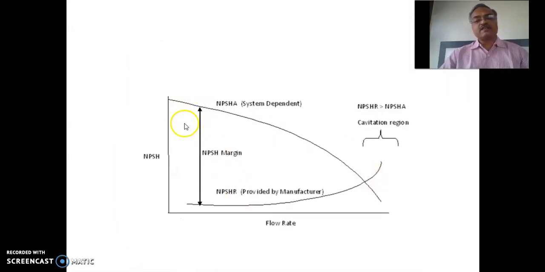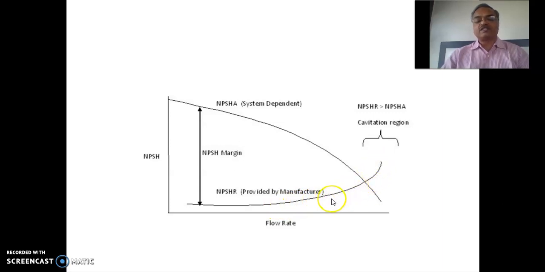This graph shows that we need to be in this region. If we cross this region, if we go beyond this point, then we land up in the region of cavitation. As you can see here, this graph indicates NPSH available, which is a system dependent parameter, and this is NPSH required. It is provided by the manufacturer.